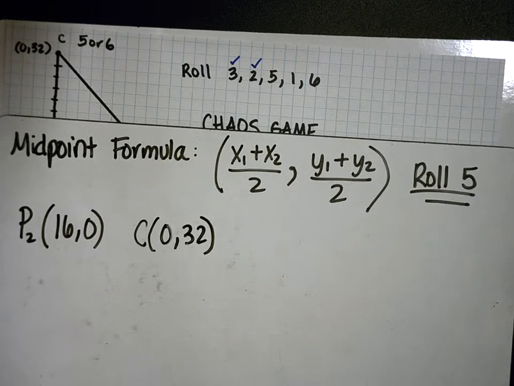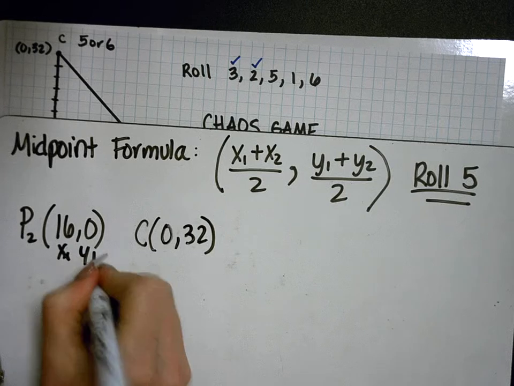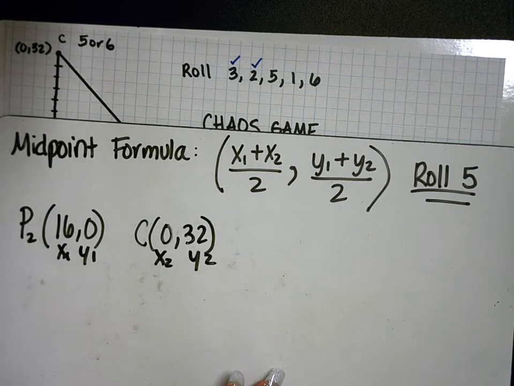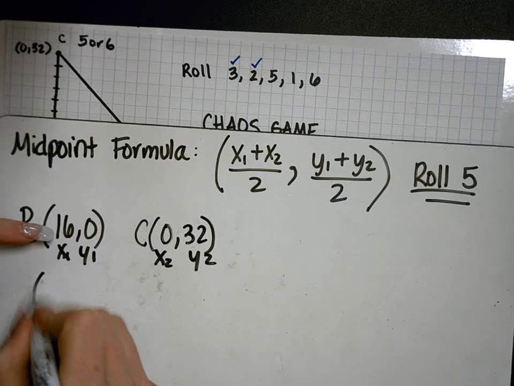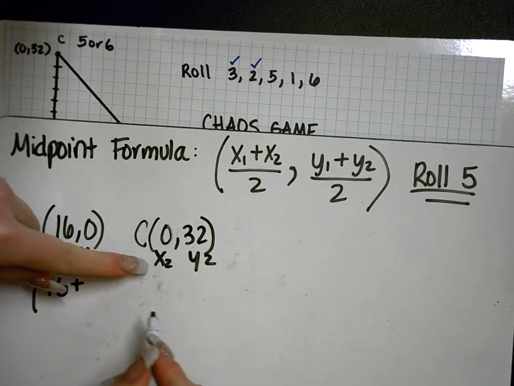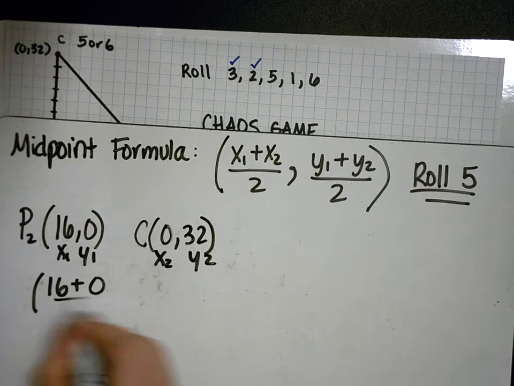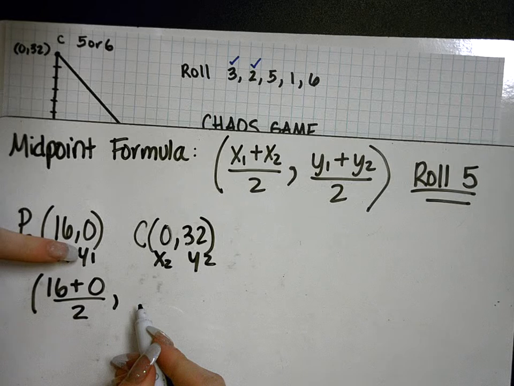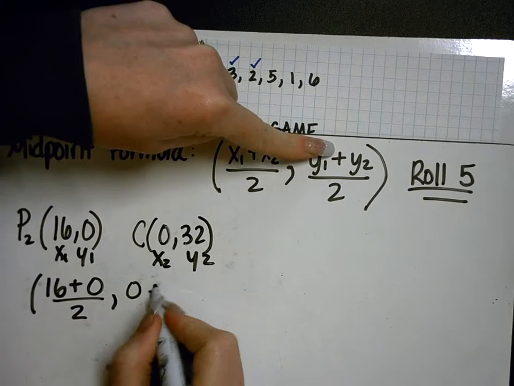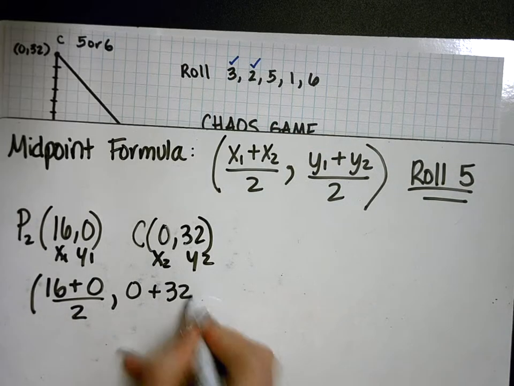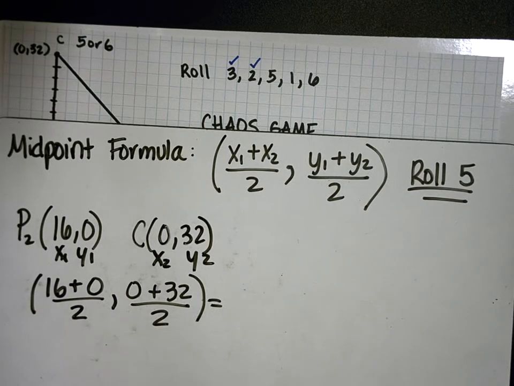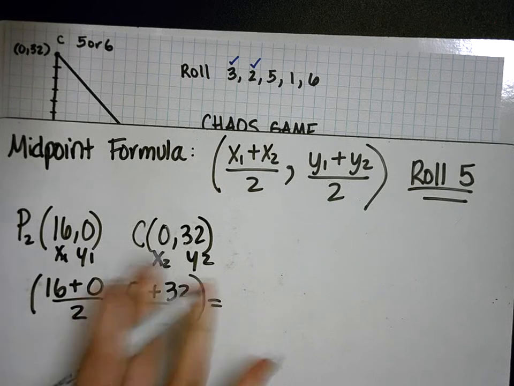A 5 corresponds with C, so I need to label my points x1, y1, x2, y2, and then I just input them into the formula. My x1 is 16 plus my x2 is 0, all divided by 2, comma, my y1 is 0 plus my y2 is 32, and all of that is divided by 2. And then I just simplify, and this is going to give me the midpoint between these 2 points.